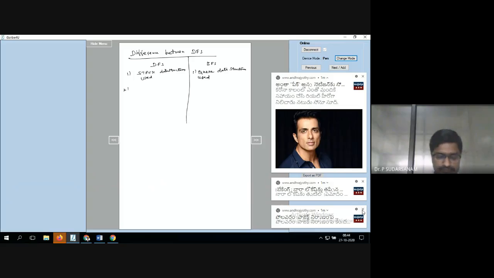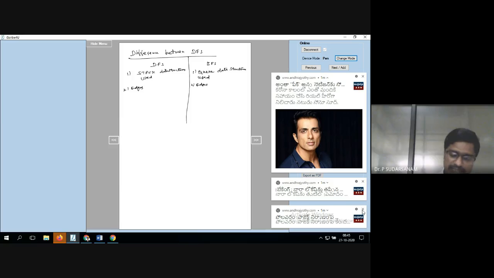Next, edges. Edges are the tree edge and back edge in DFS. Once you visit a particular node, from there again you are starting.